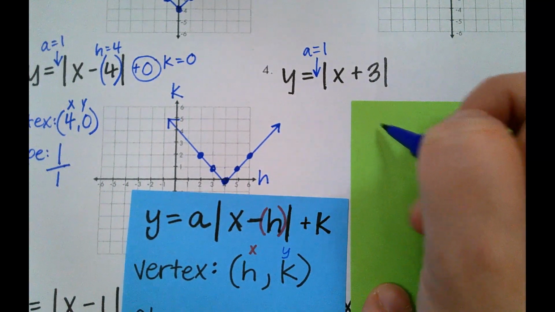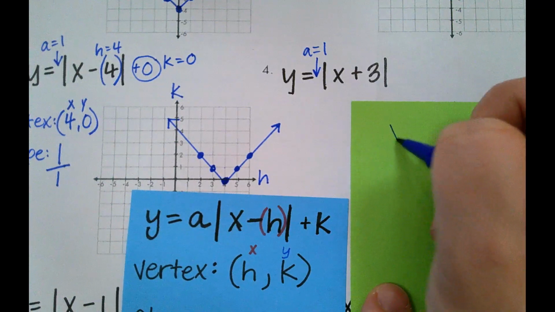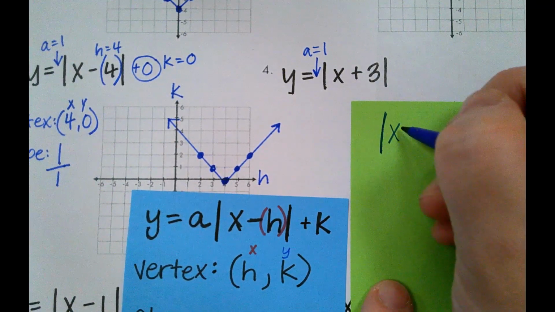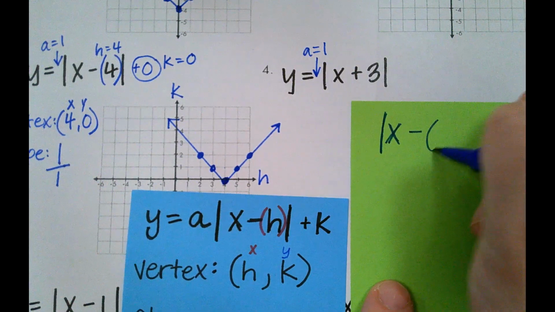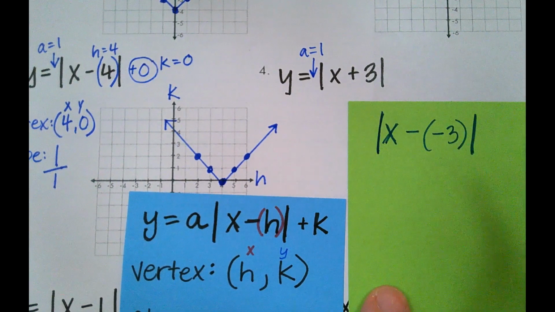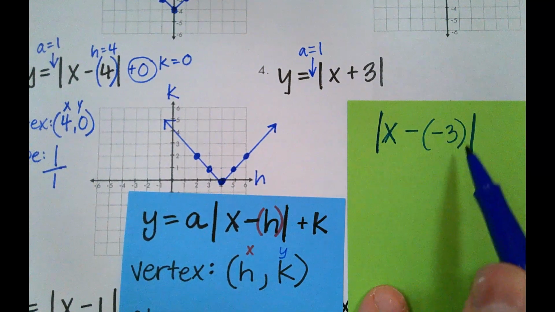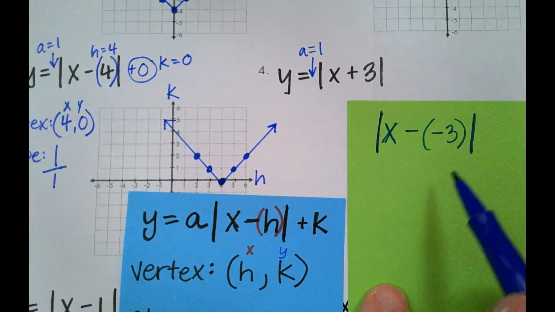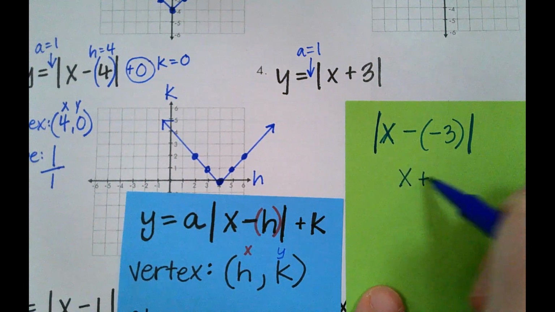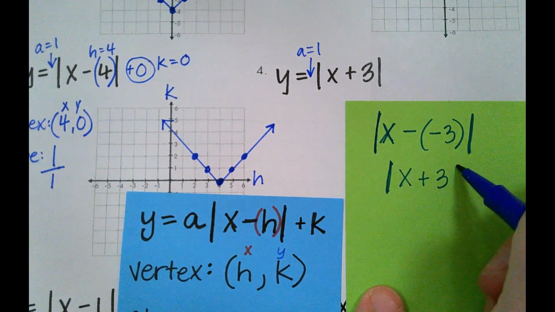If I have x minus -3, remember how the two negatives make a positive? This is what causes us to get an x plus 3 inside.